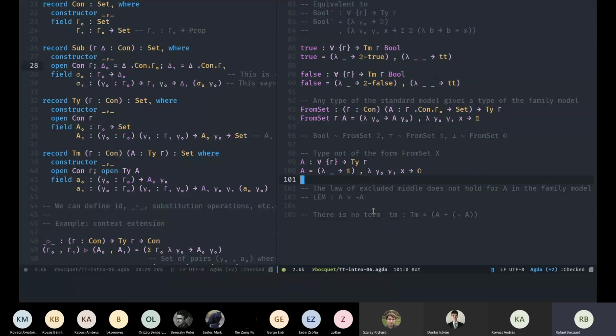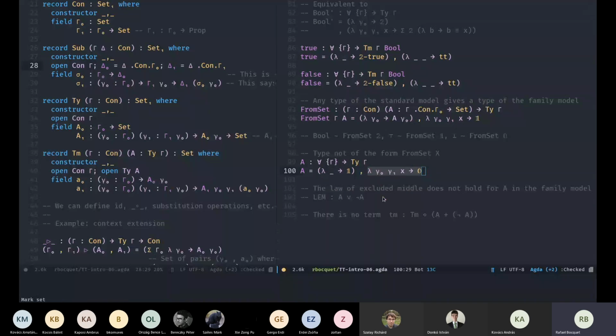Well, okay, but before this, we need to be able to define negation and some types to understand what this means in this model. But intuitively, this happens because this type A is inhabited in the first level, but not in the second level.